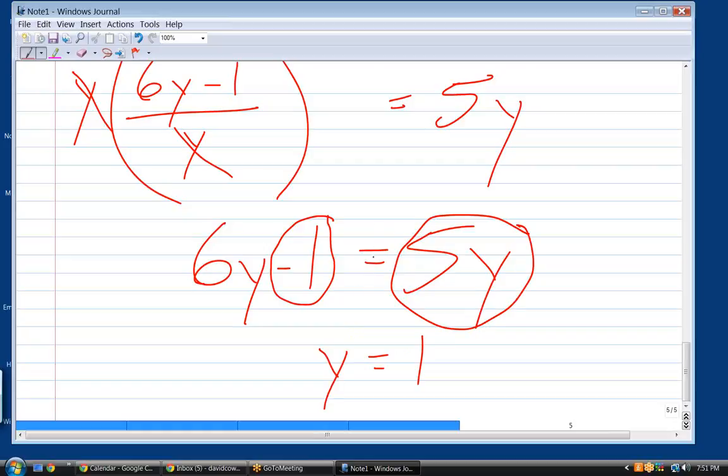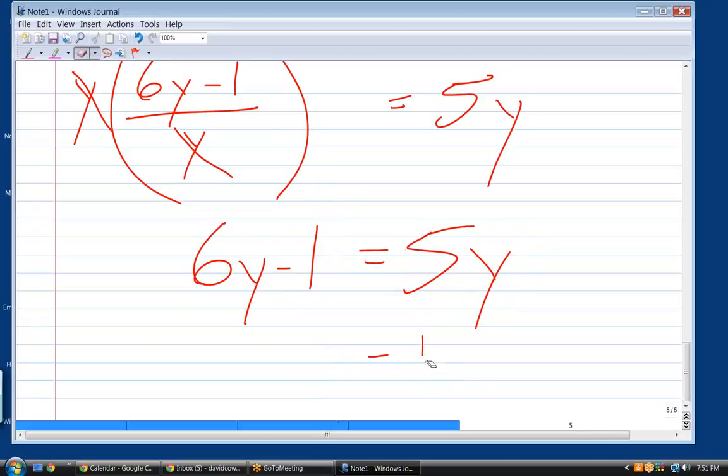In other words, I had to add 1, and then I had to subtract 5y, so it was actually 2 steps. But notice, if we do it the way you suggested, it's still going to be 2 steps. It's -1 equals -y, but I don't have the solution yet. I got to divide both sides by -1 to get y equals 1. So it's 2 steps either way.